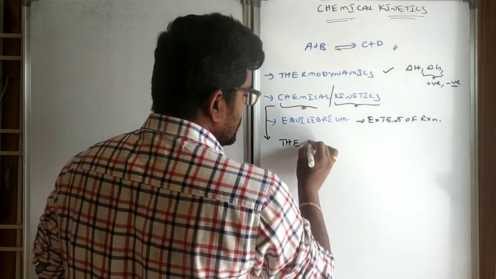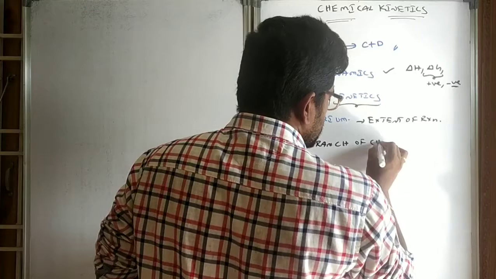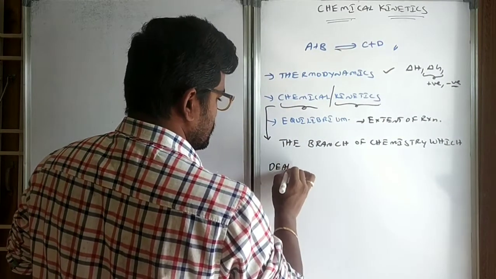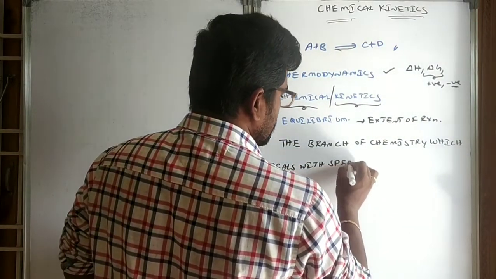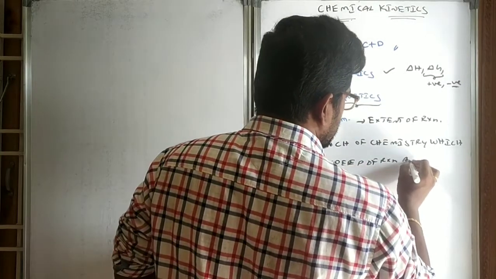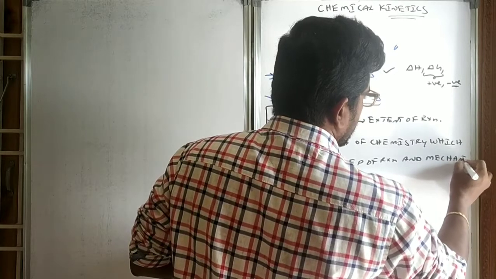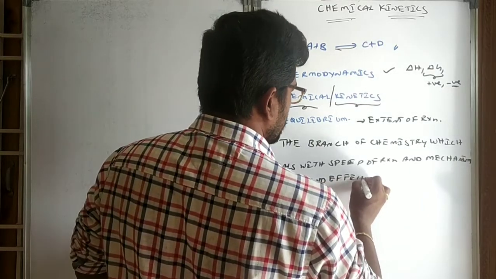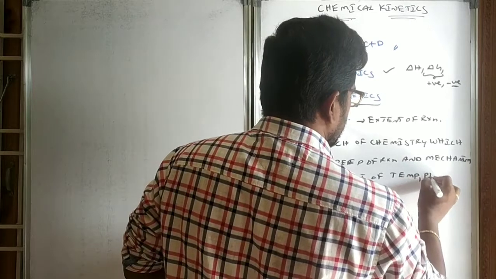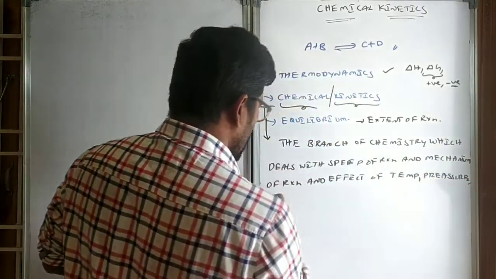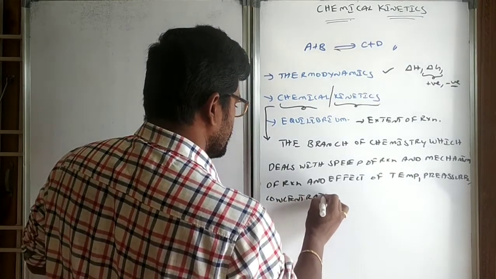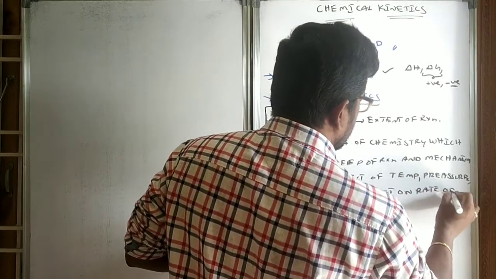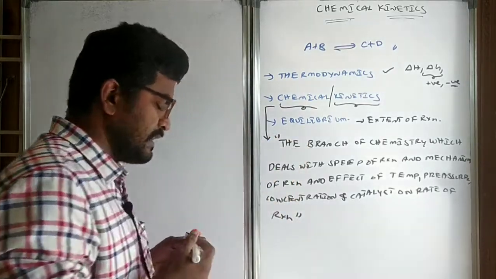Chemical kinetics is the branch of chemistry which deals with speed of reaction and mechanism of reaction, and the effect of temperature, pressure, concentration and catalyst on rate of reaction.